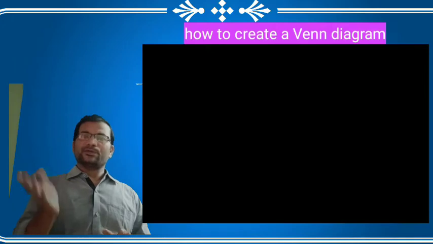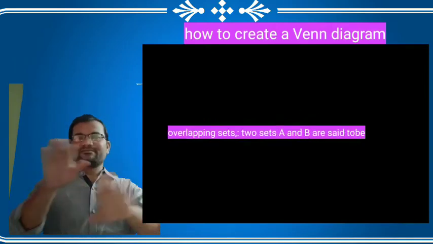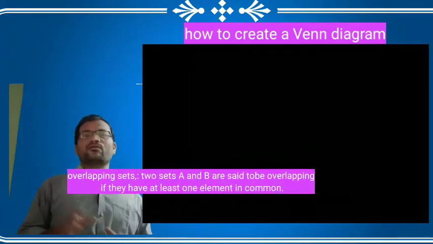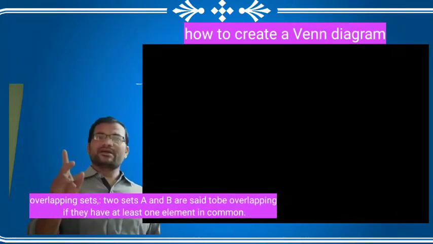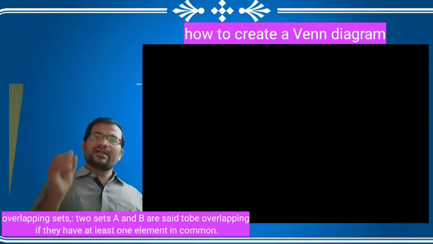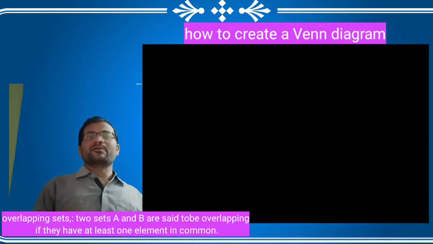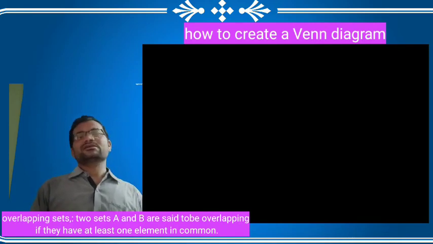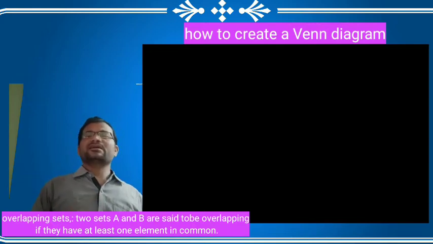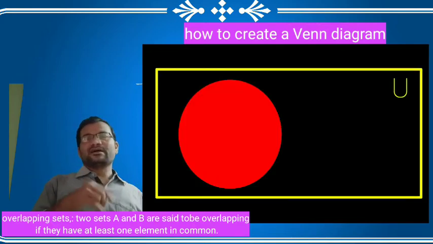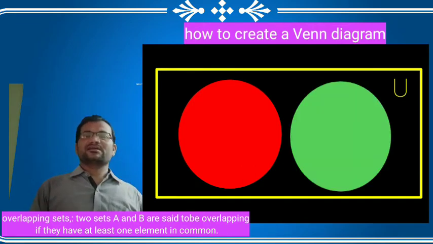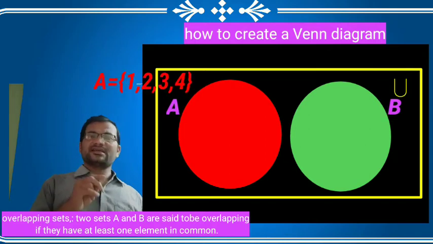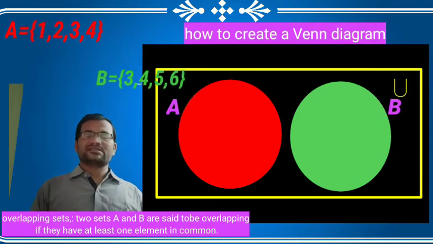Case 2. If the two sets are overlapping, that means they have at least one element in common, they are called overlapping sets. Two sets A and B are overlapping sets if they have at least one element in common. How they are represented is as follows. As usual, draw the rectangle and draw the two circles within the rectangle, labeled A and B. Here my sets are A is 1, 2, 3, 4 and B is 3, 4, 5, 6.